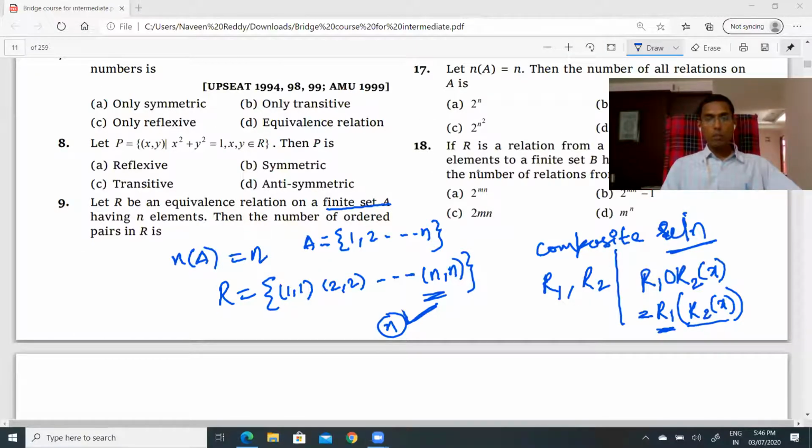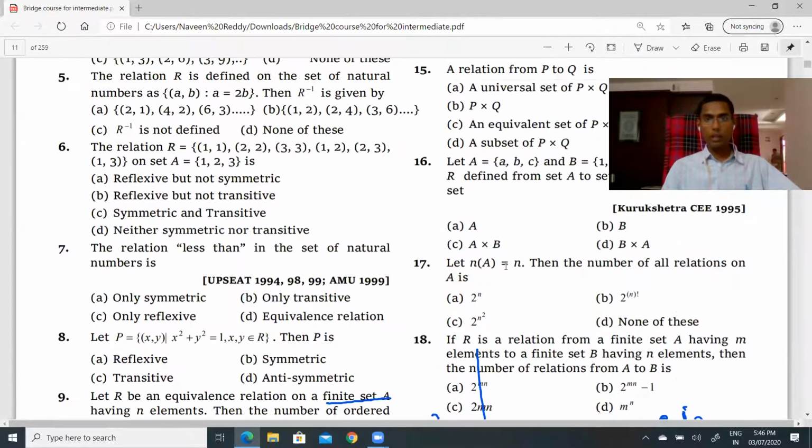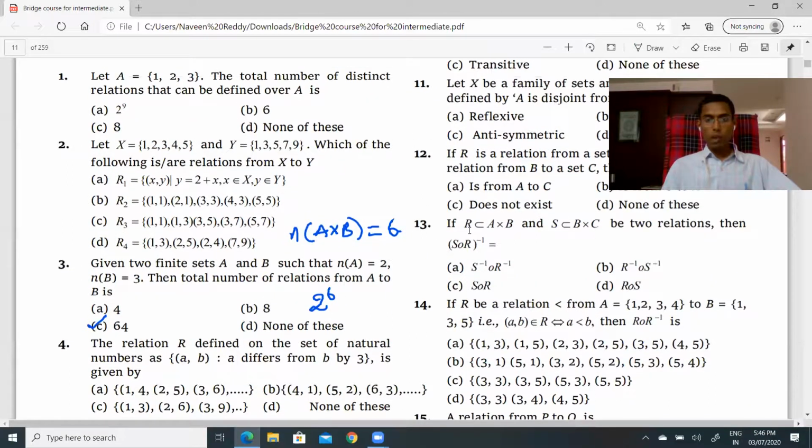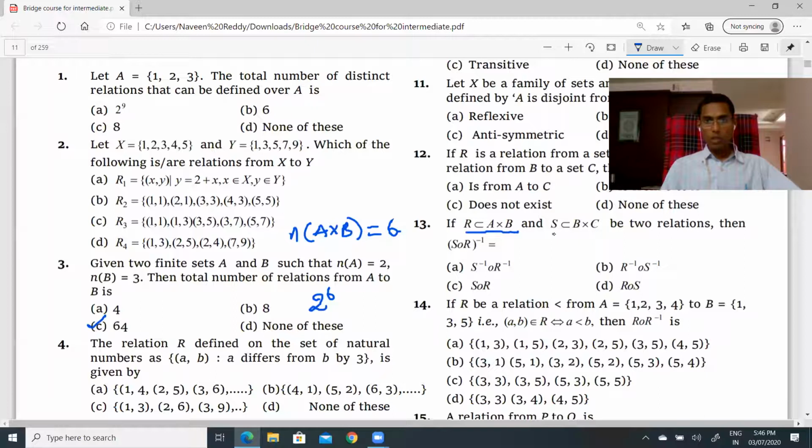So now in this case, I explained. R is a subset of A cross B, which means R is a relation from A to B. S is a relation from B to C. Then a relation from A to C exists, that is S circle R. S circle R is a relation.